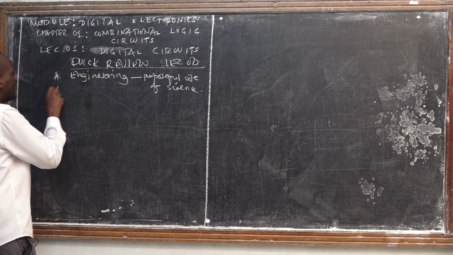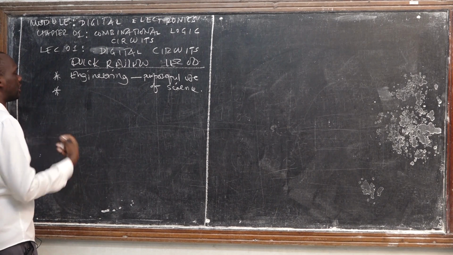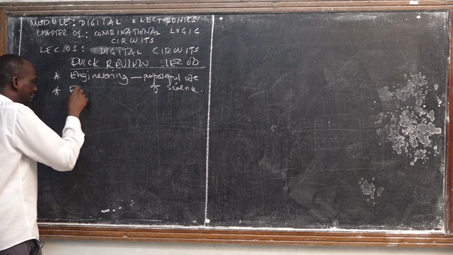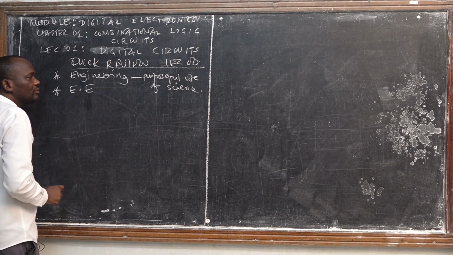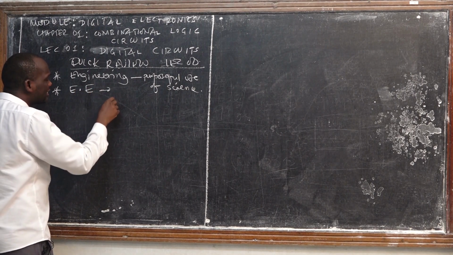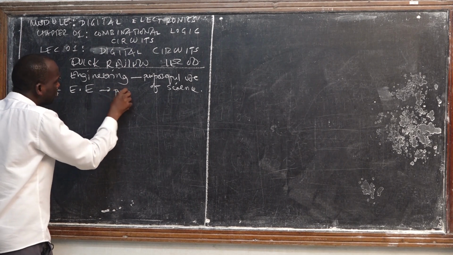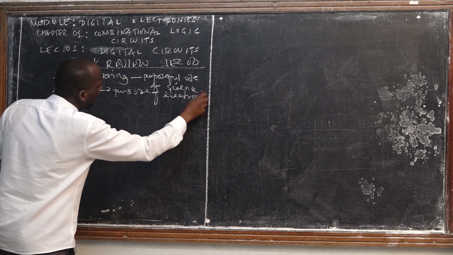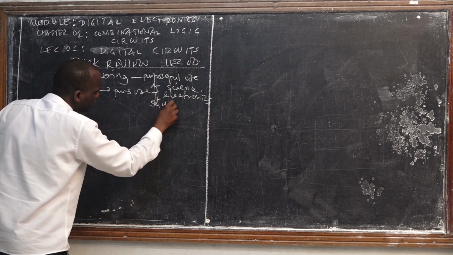Then, the next terminology, because I was teaching you about the terminology, we defined the meaning of the words electronics engineering. So we said electronics engineering, simply, is the purposeful use of what? Electronics science.